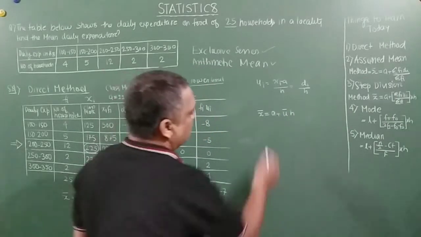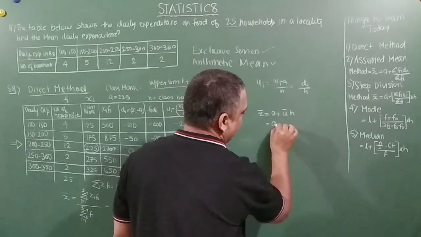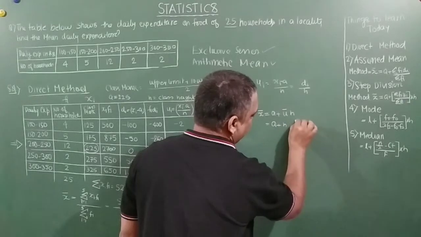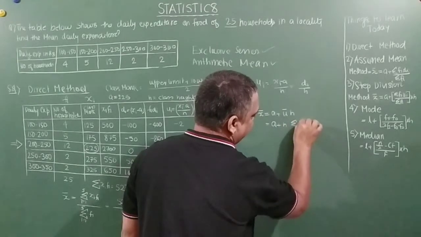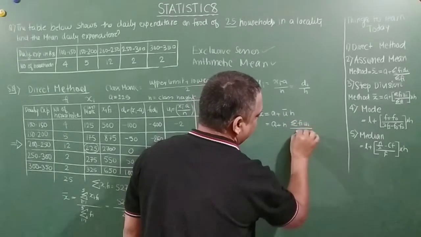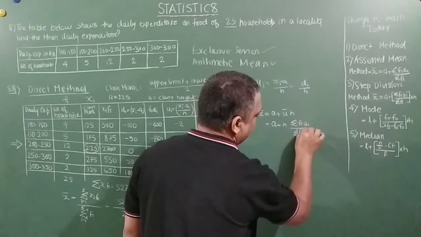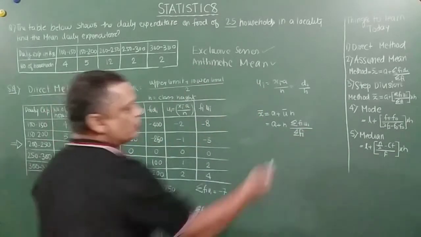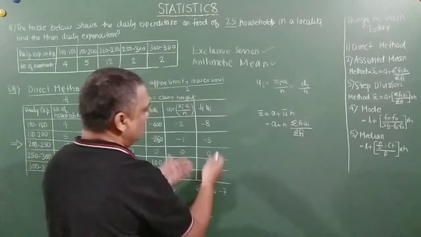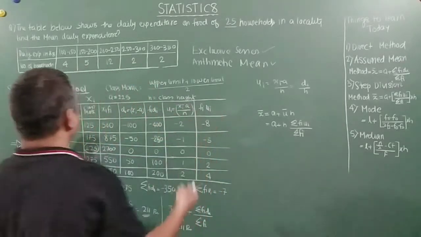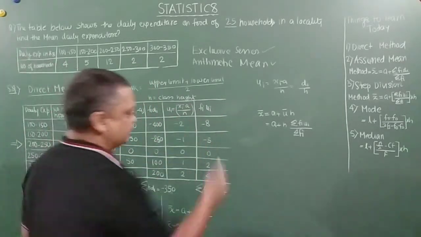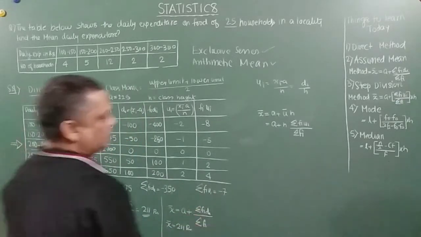Or if you want to represent, a plus h into sigma of fi ui divided by sigma of fi. Right? So u bar is nothing but mean of this u, which is nothing but sigma of this divided by this value.